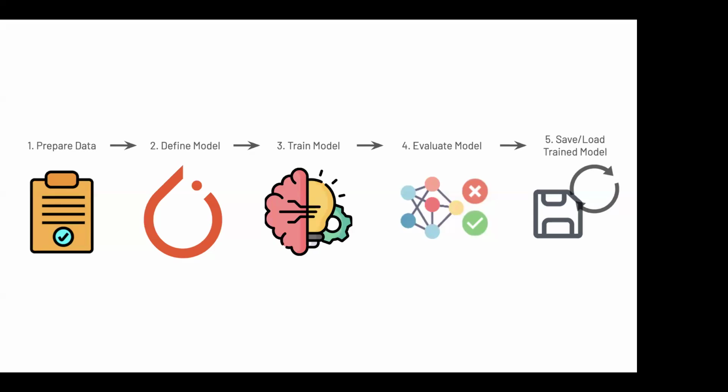Then, especially if you're working in a production pipeline at a company, you probably want to save the model so you can load and reuse it in the future. It's also useful in research, if you need to reproduce the results or share your work with other people. It's generally good practice to save the model so you don't have to train it all over again.